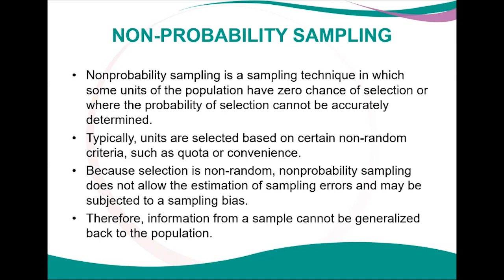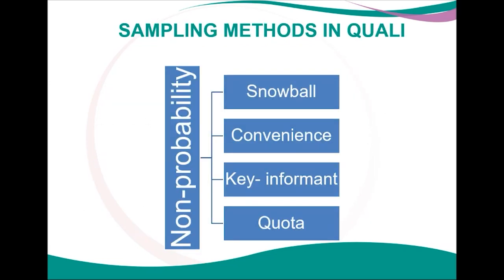And the answer is no, there are other specialists. So why have you chosen this one over that one? So sampling bias is bound to happen when you are a qualitative researcher. And the information from a sample cannot be generalized back to the population. So that's what I discussed earlier.